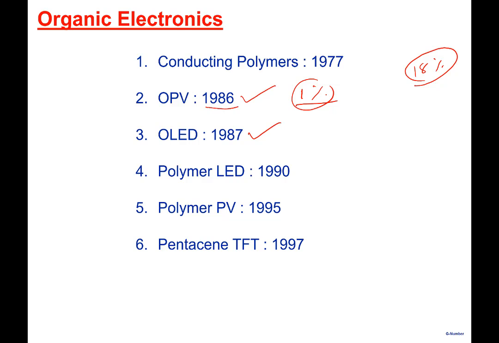Solar cells were invented in, again, the 1950s, the same time that transistors were invented. Silicon solar cells were also invented at about the same time. But people realized that for solar cells to really make a dent in the mass market, the costs have to be brought down.